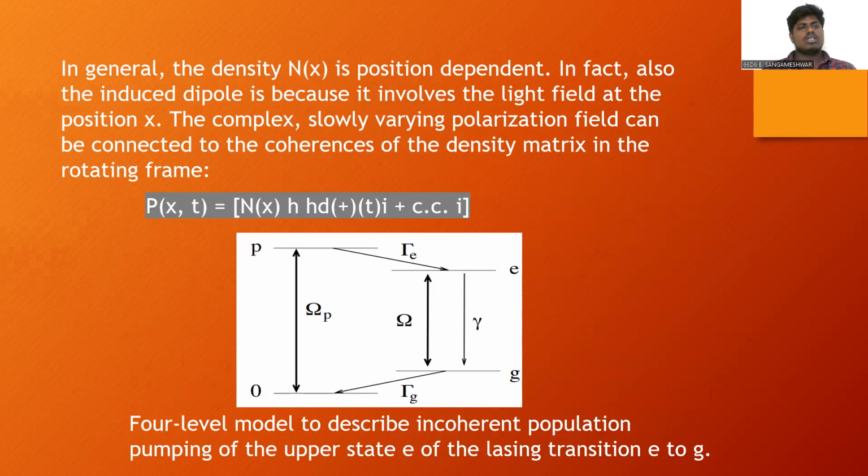In fact, the induced dipole is also position dependent because it involves the light field at the position x. The complex, slowly varying polarization field can be connected to the coherences of the density matrix in the rotating frame. We can see the derivation, and also the diagram of the four-level model to describe incoherent population pumping into the upper state of the laser transition. We can see it on the screen.